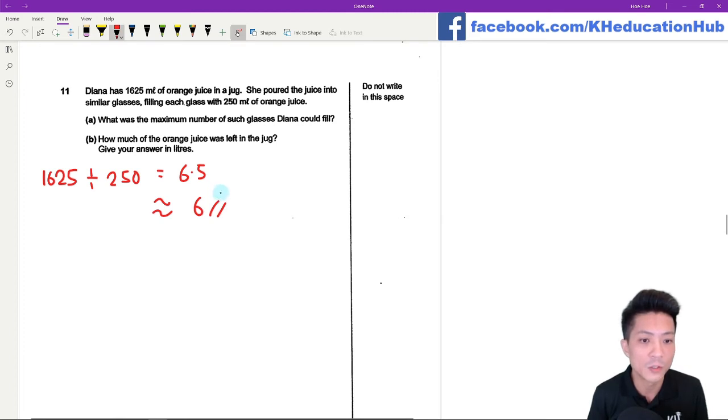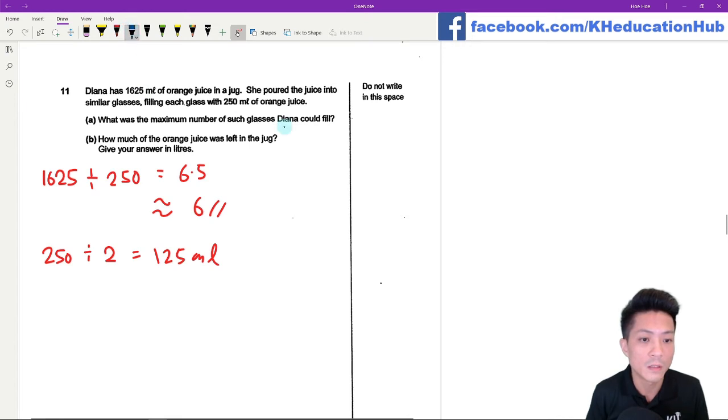How much orange juice was left in the jug? Okay, so there are 2 ways to do it. In this case, you need to understand that this 0.5 over here refers to half of the 250 ml. So you just need to use 250 divided by 2. Get 125 ml.